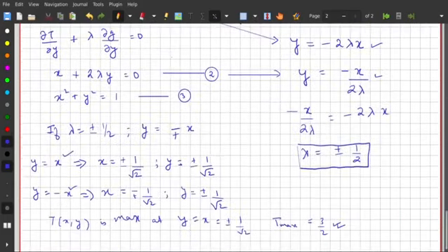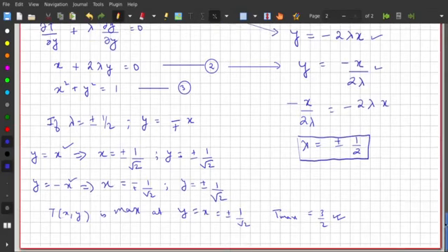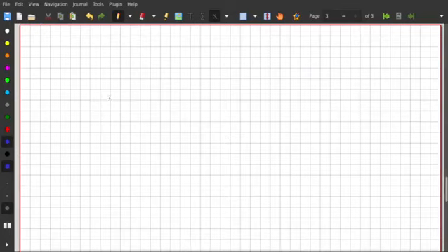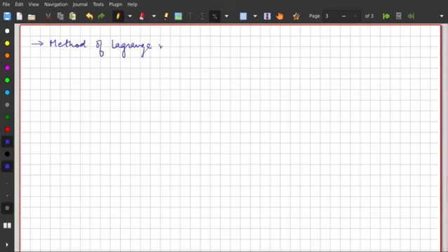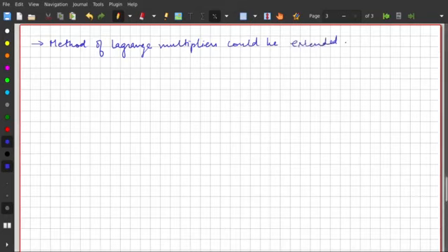This idea can be extended to higher dimensions, where we have, let's say, a function of 3 variables. The method of Lagrange multipliers could be extended to higher dimensions.